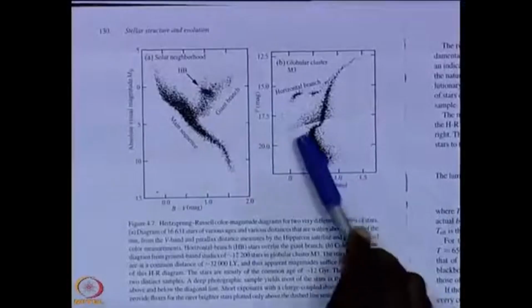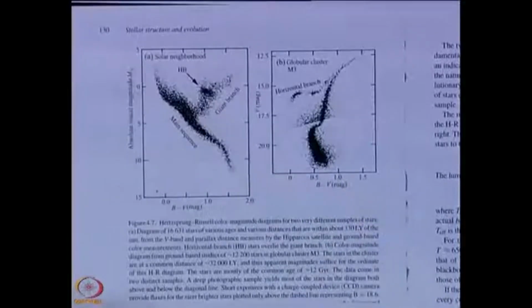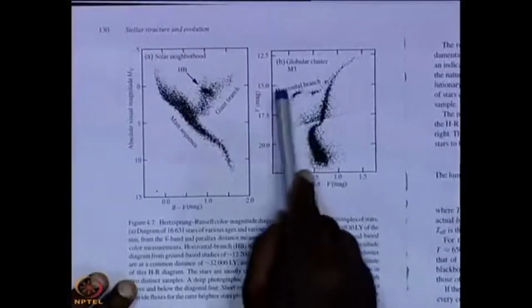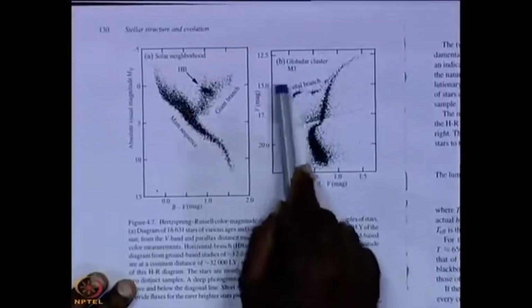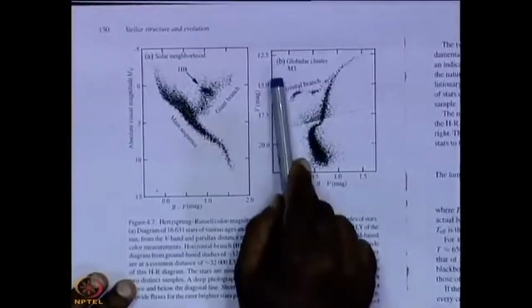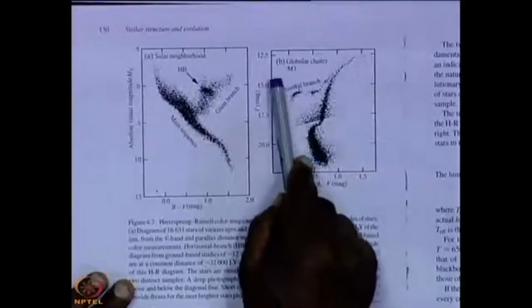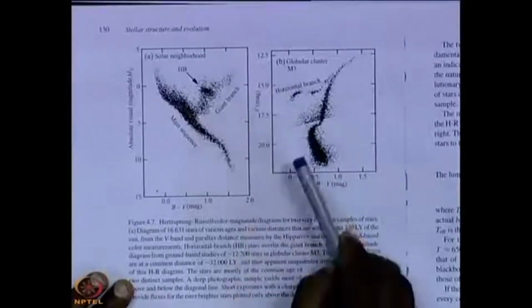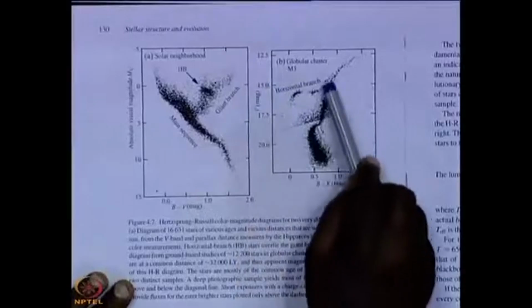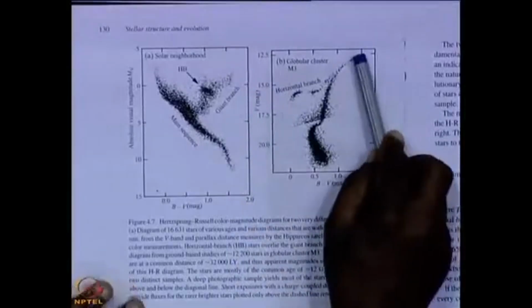Now, if you take a look at this, you will see that there is a very interesting thing, that the brighter part of the main sequence is missing, whereas you have these very extended giants.